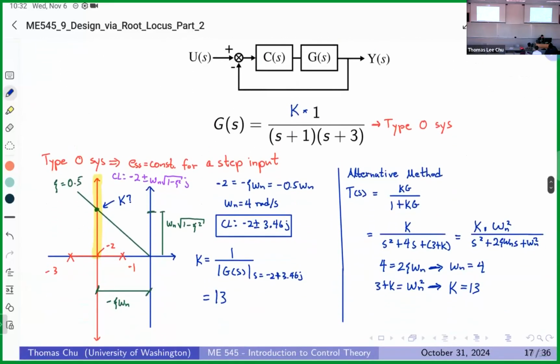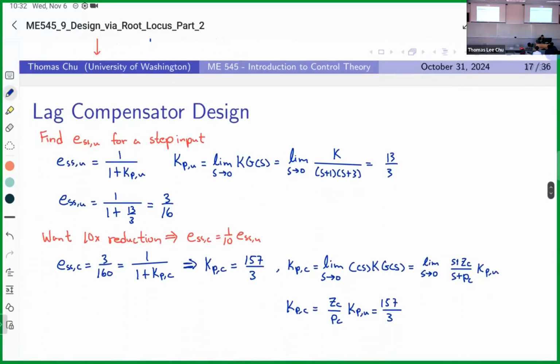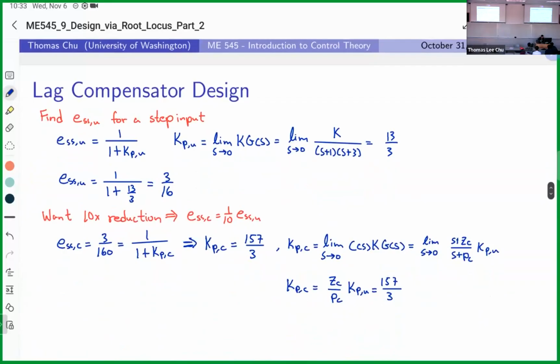First we found the uncompensated closed loop pole and the corresponding gain. From that, we found the steady state error of the uncompensated system. Next, we calculated what the 10 times reduction would look like, and from that we could calculate the ratio of our pole and zero needed to get that reduction. Are there any questions?